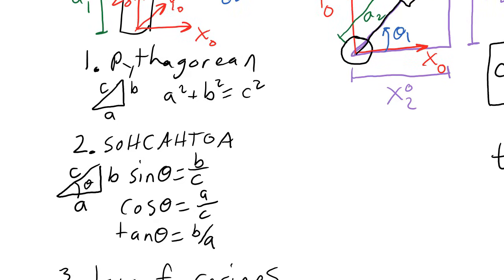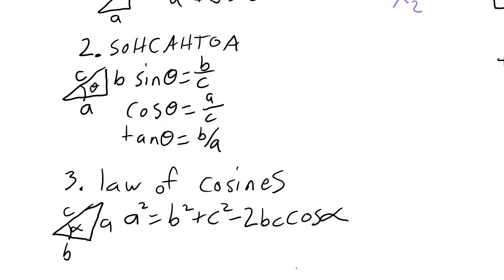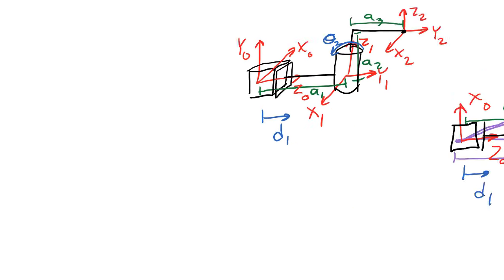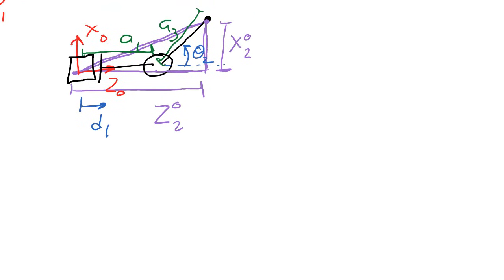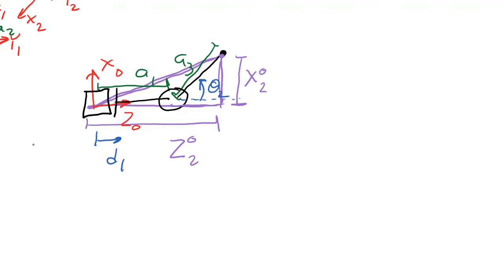We have the Pythagorean theorem, SOHCAHTOA, and the law of cosines. Sometimes the one triangle that shows the position of the end effector isn't enough to get us all the way where we need to be, and we need some other triangles. The next triangle that we're also going to use is this triangle here.